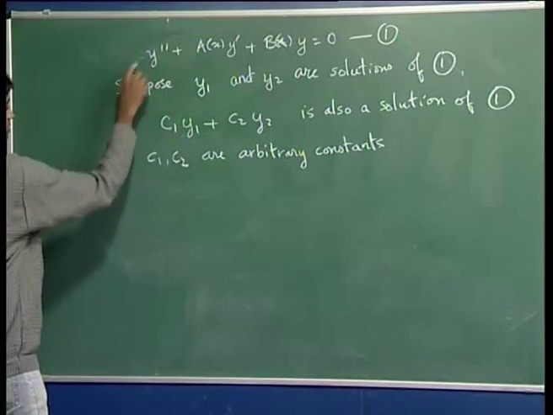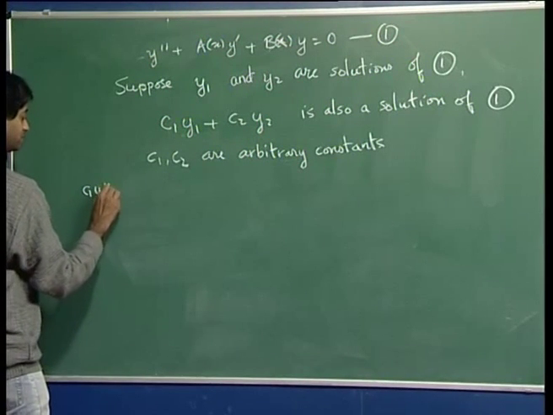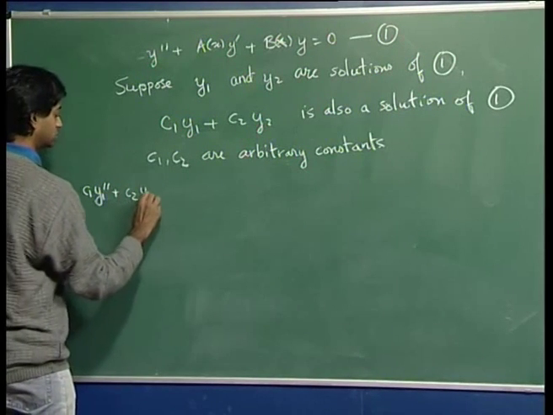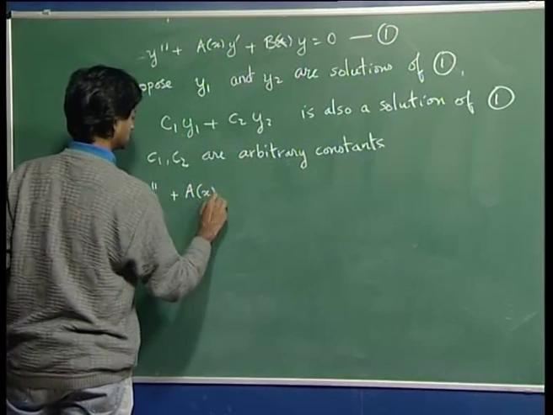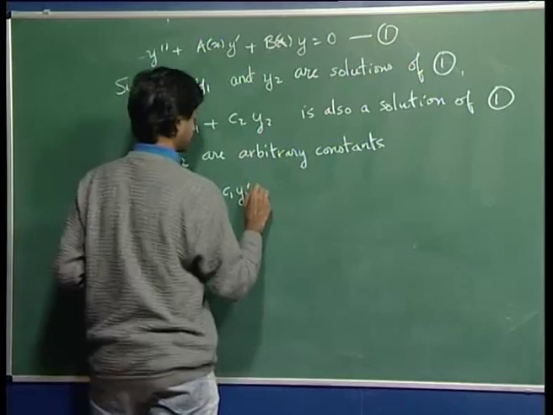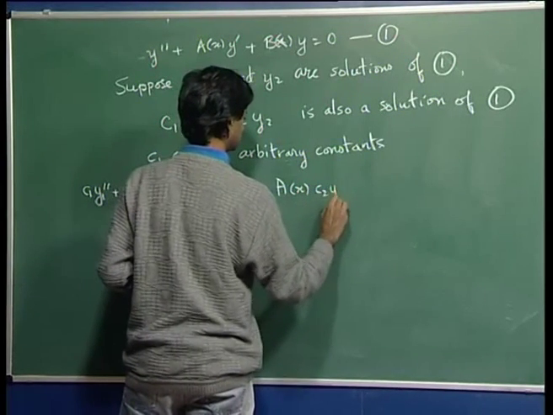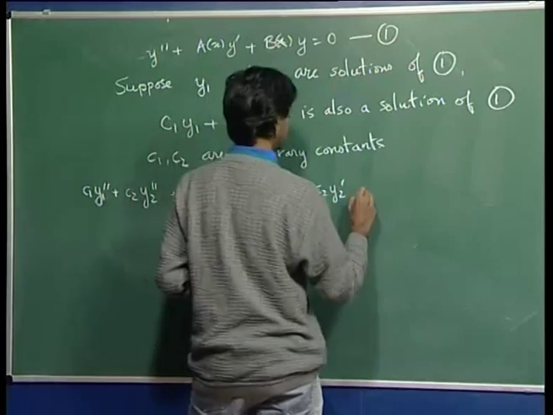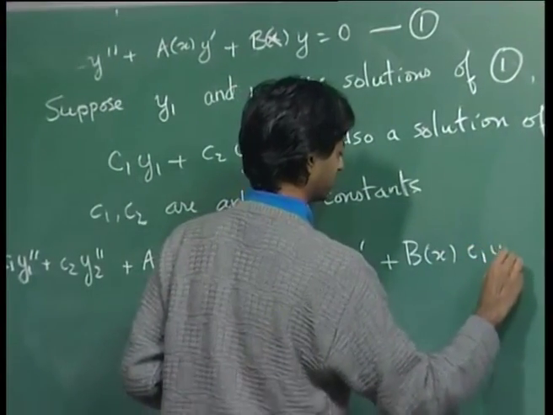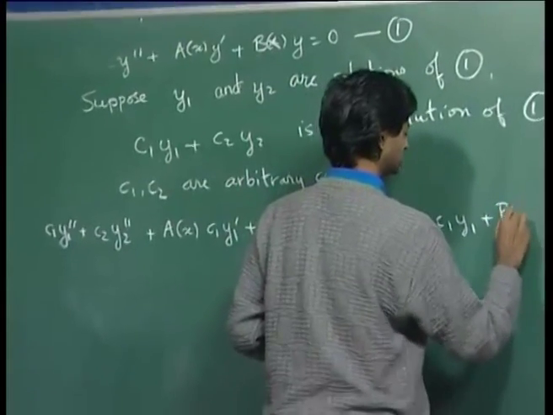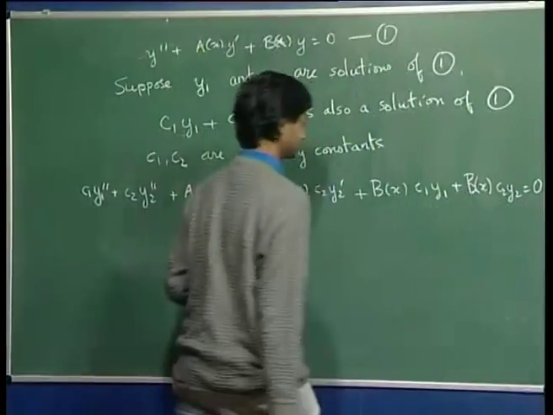So, if I substitute this in this equation, what I will get is C1 y1 double prime plus C2 y2 double prime plus A of x C1 y1 prime plus A of x C2 y2 prime plus B of x C1 y1 plus B of x C2 y2 equal to 0.